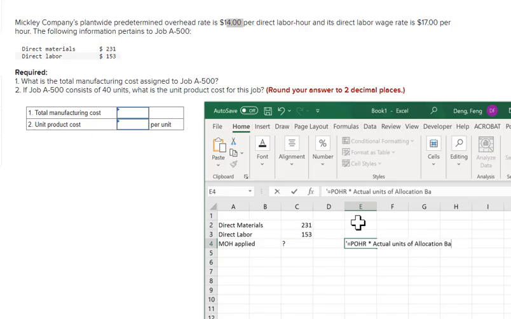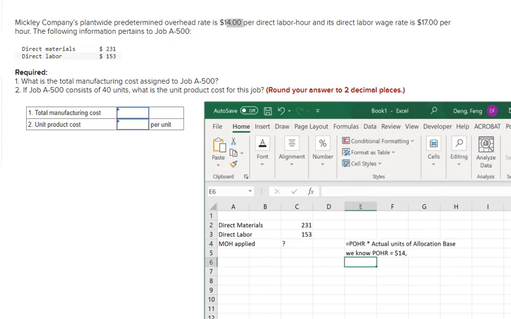In this case, the allocation base is the direct labor hour. We know the rate: the predetermined overhead rate is $14 per direct labor hour. But we don't know the labor hours. So what's the actual labor hour? We do not know this portion, so we need to find it out.